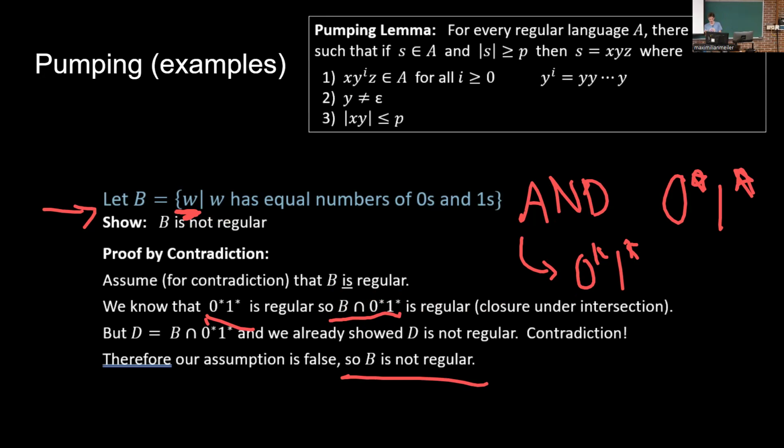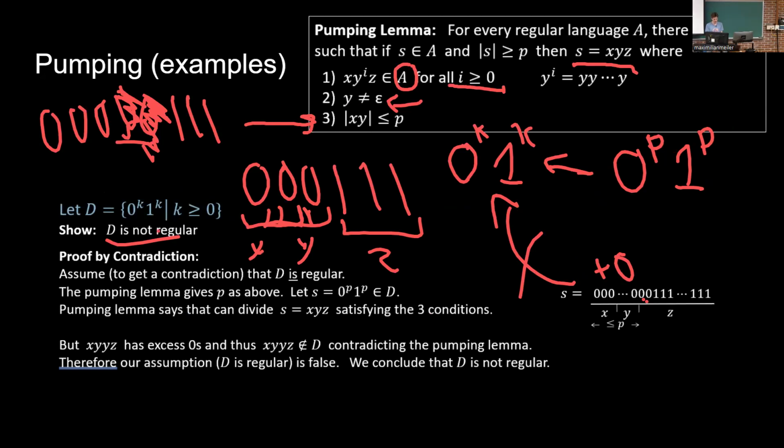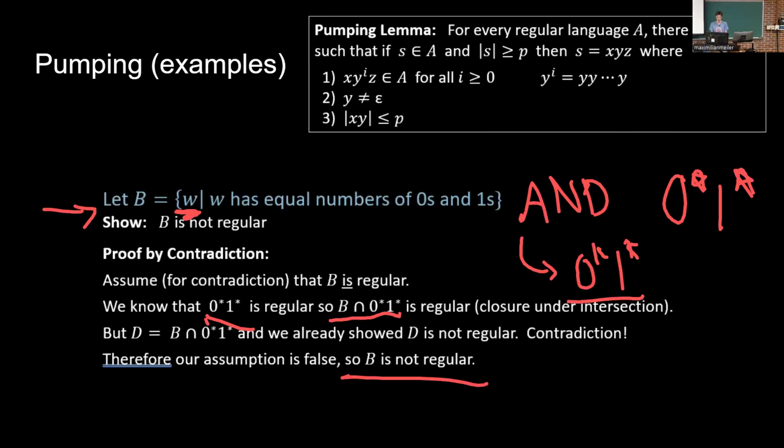You can convince yourself that what this effectively is, is 0 to the k, 1 to the k, and we proved earlier that this is not regular. This might be something that happens on an FRQ, where he says, prove this is not regular, and then use it to prove that this is not regular.